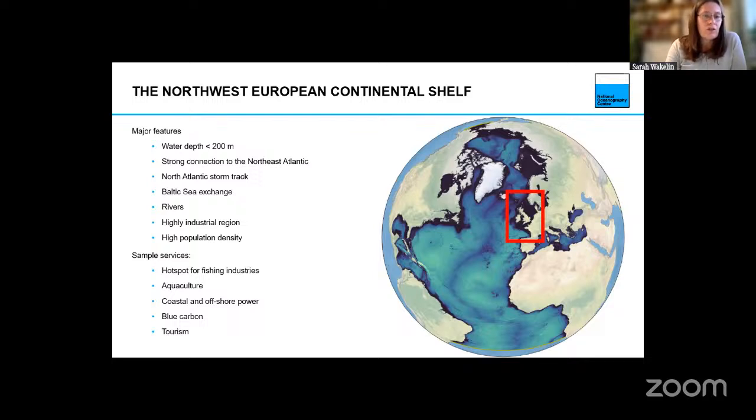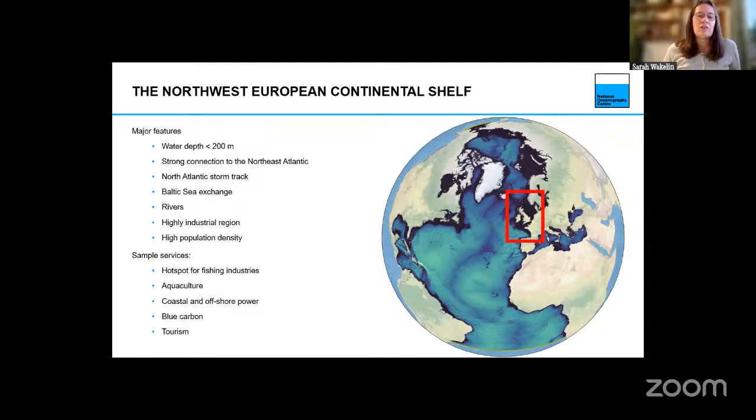The high production means that it's a region for uptake of carbon, so it can be important for blue carbon sequestration. And the general public also take a lot of pleasure from using the ocean in various different ways.